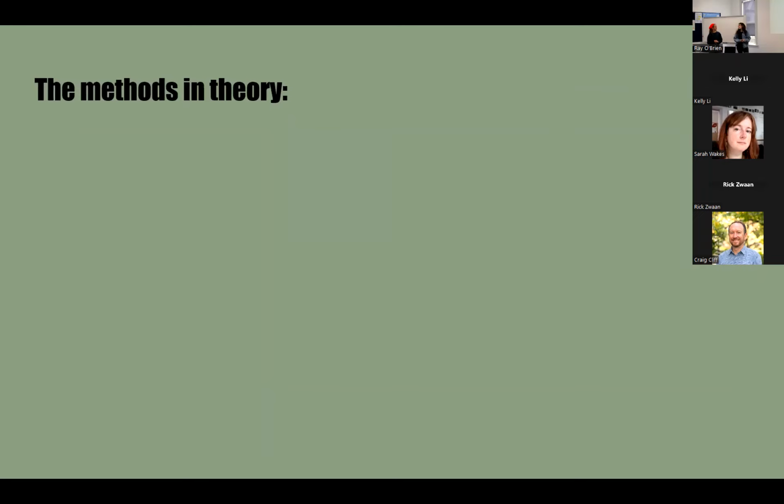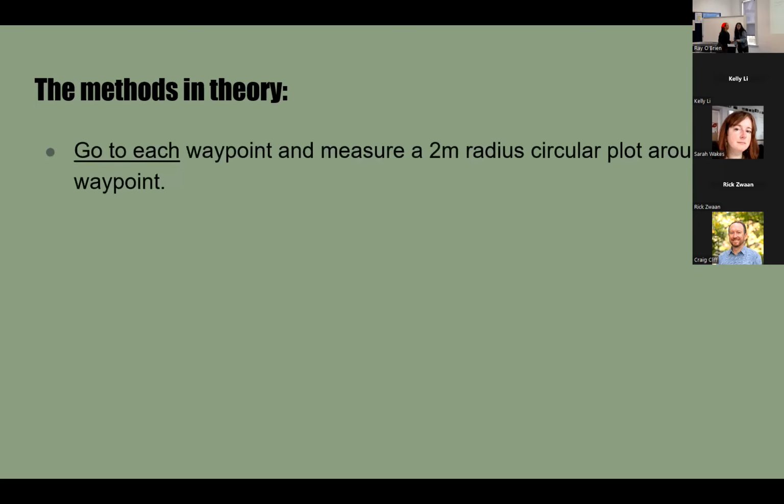So the methods, in theory, once you get to the actual transect, I'll let you explain this. In theory, you go to the waypoint, and we had GPSs to get there. Jess would upload the coordinates for all the plots that we were going to do on any given trip. We would input them and follow the little arrow all the way to the point.